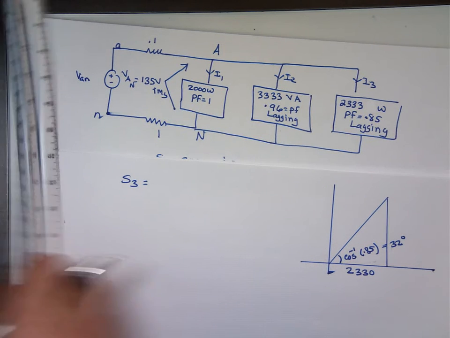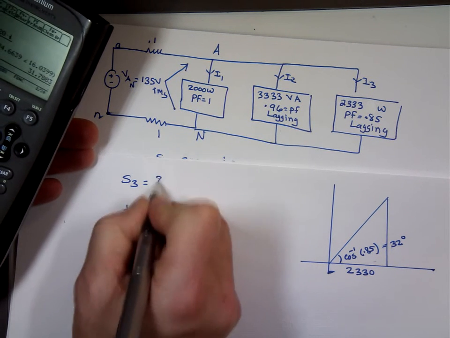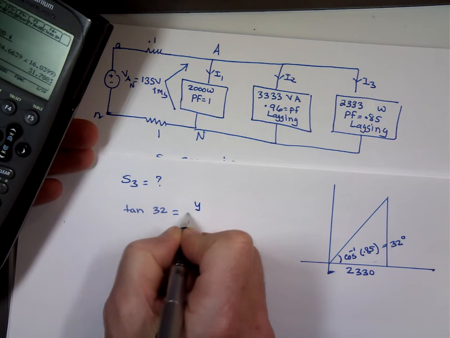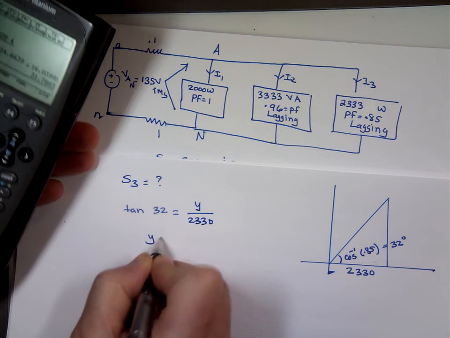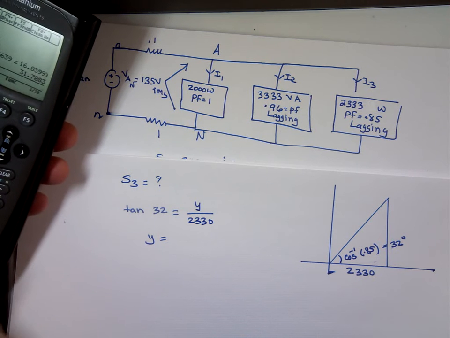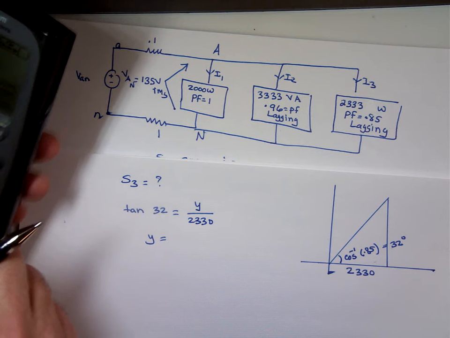Can I find that side? Sure. Tangent 32 degrees equals the side that's opposite over the adjacent. So 2330 times the tangent of 32 degrees.